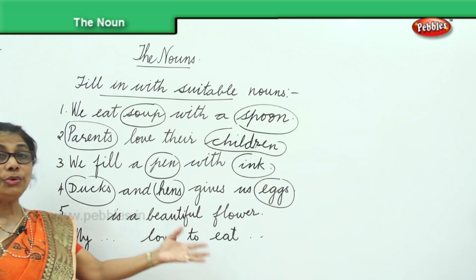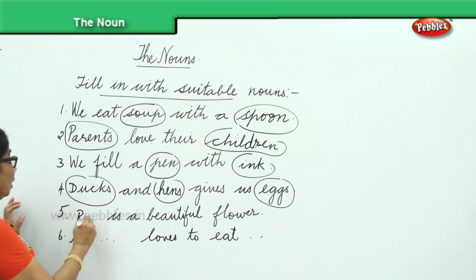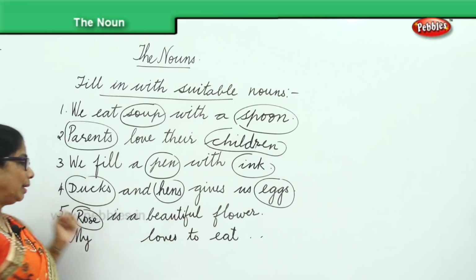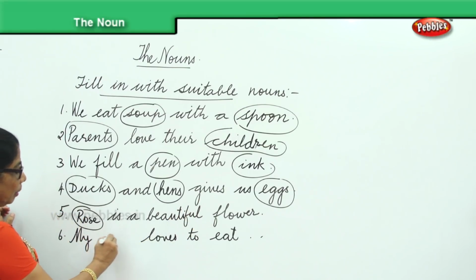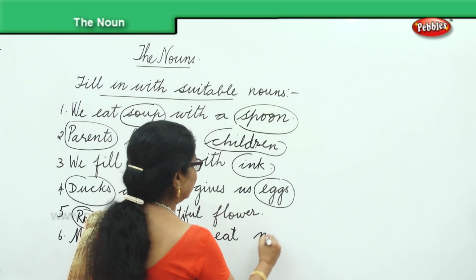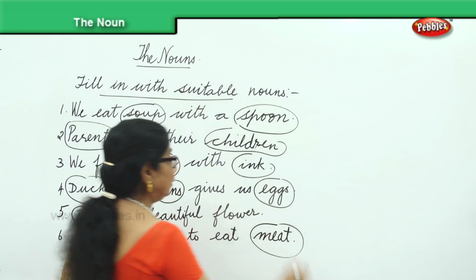Is a beautiful flower. Any flower you can write. Okay, rose or jasmine or anything. Rose. That's a noun. My dash loves to eat. What do you want to write? You can say, tell me. Okay, my dog. My dog loves to eat meat. Very good. Or you can say, my cat loves to eat fish, whatever.